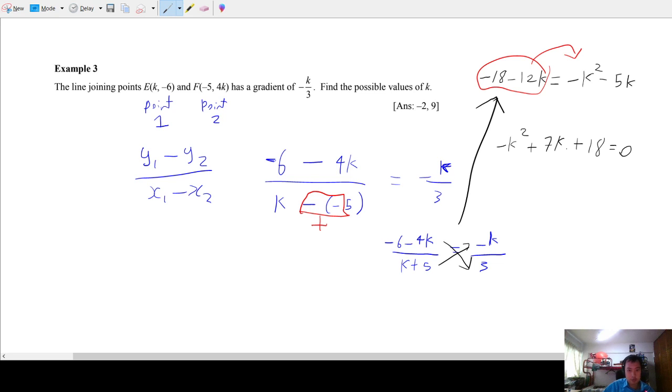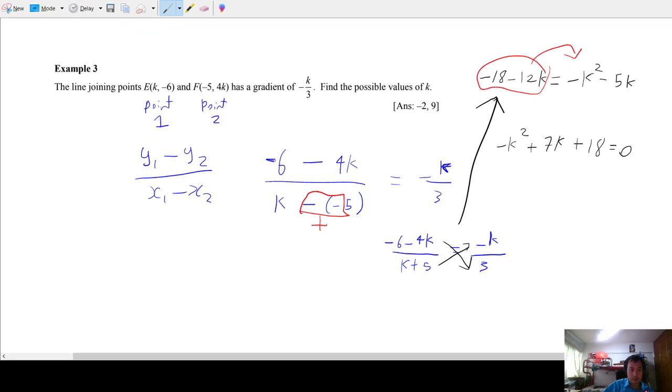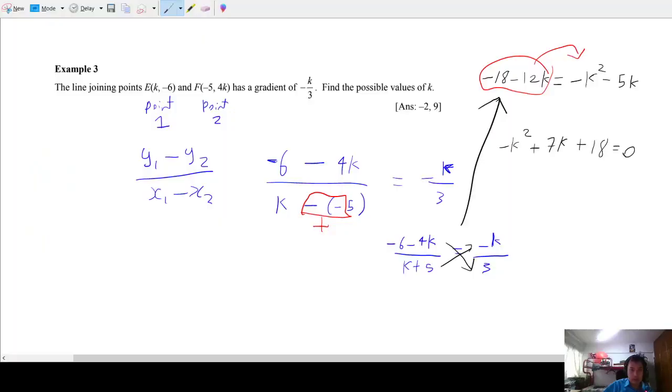Questions 2, 3, 4. Okay, let's take a look at the other questions in Firefox.